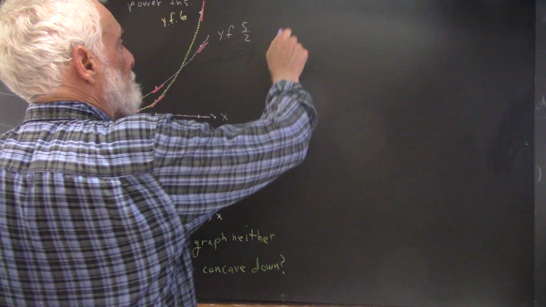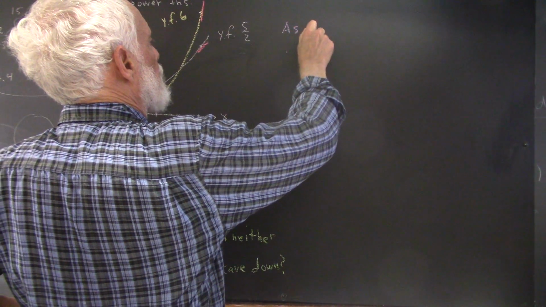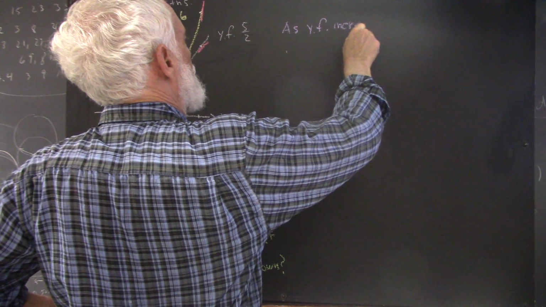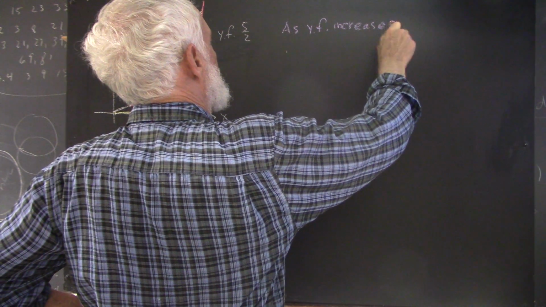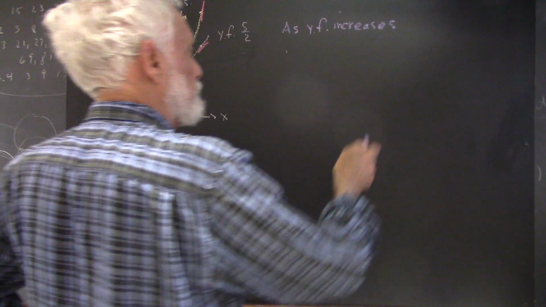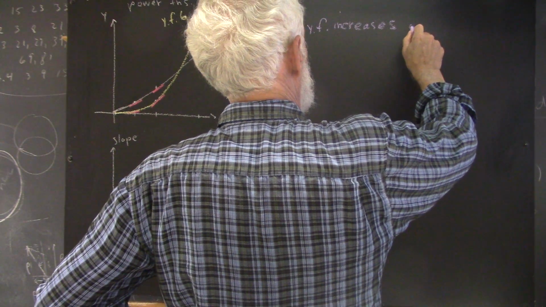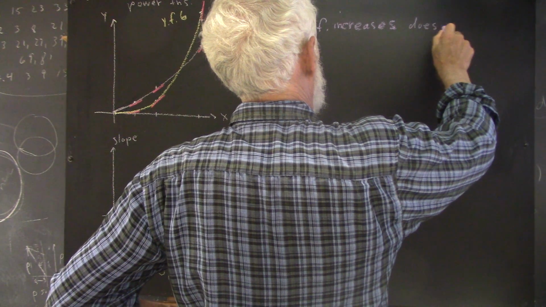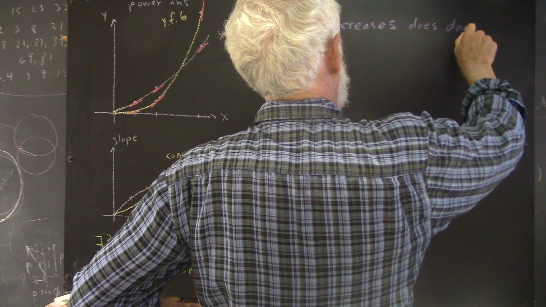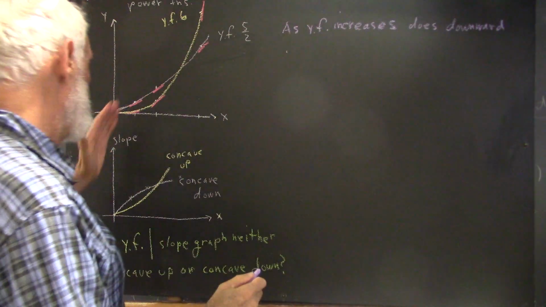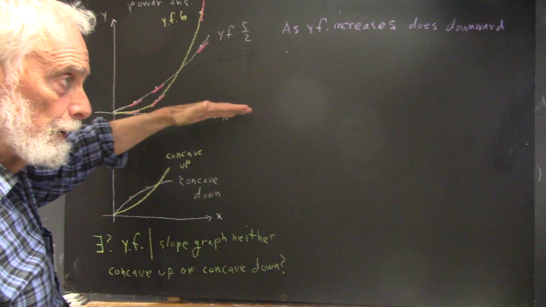Question is, as the y factor increases, there's a downward concavity, and that means the degree to which the graph is concave down.